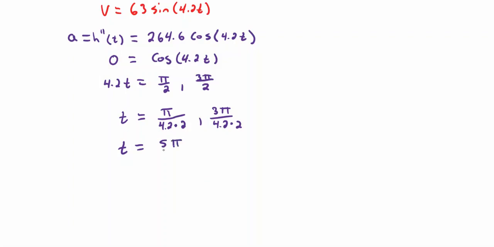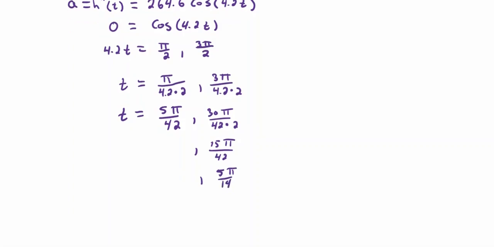So that'd be 5 pi over 42, comma. And then same little trick: 3 pi over 4.2 times 2, multiply the top and bottom by 10. That would be 30 pi over 42 times 2, so 15 pi over 42, and that would simplify to 5 pi over 14. And the other one was 5 pi over 42.